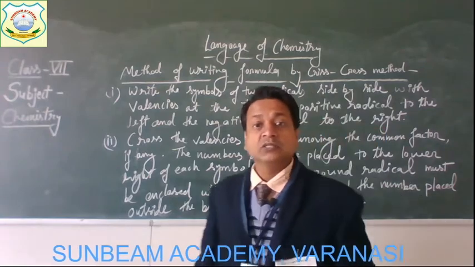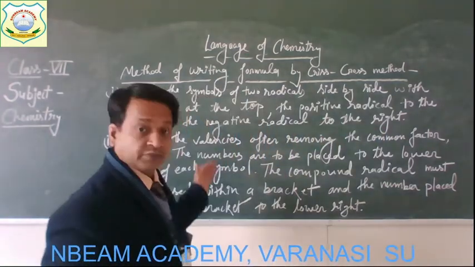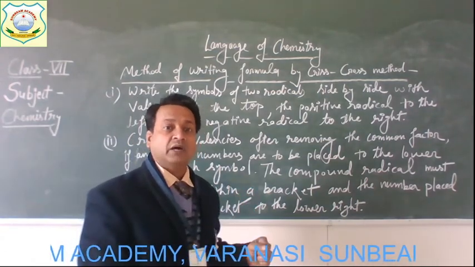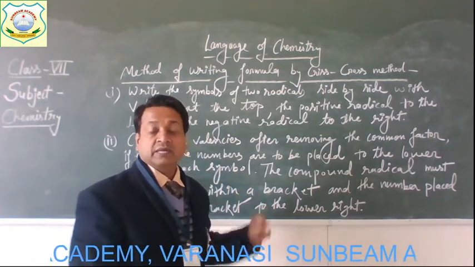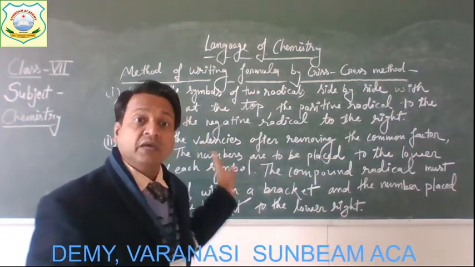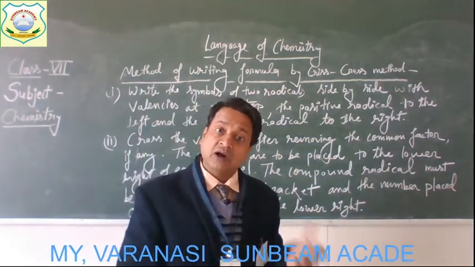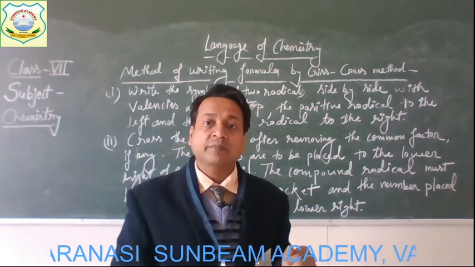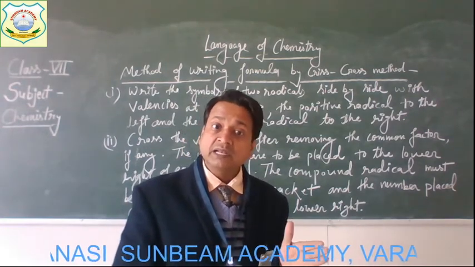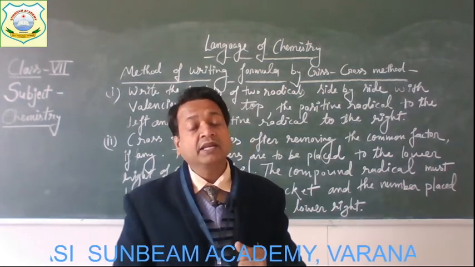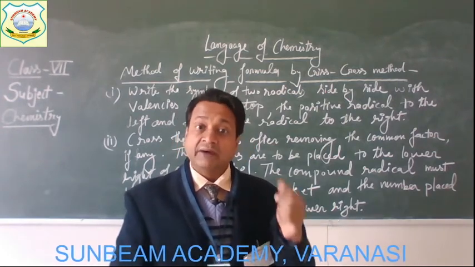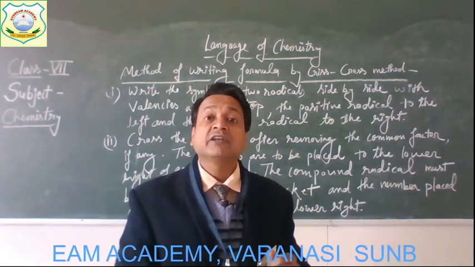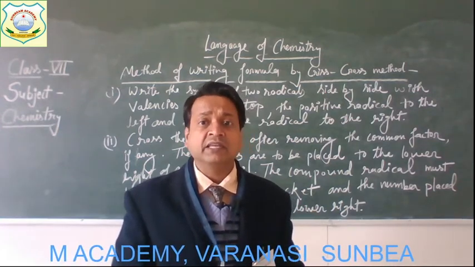Okay, children. So these are the two steps which we need to follow at the time of writing the formula by crisscross method. In the first step, we will write the symbols of the two radicals side by side with valencies at the top, and the positive radical to the left and the negative radical to the right. In the second step, we will cross the valencies after removing the common factor, if any.